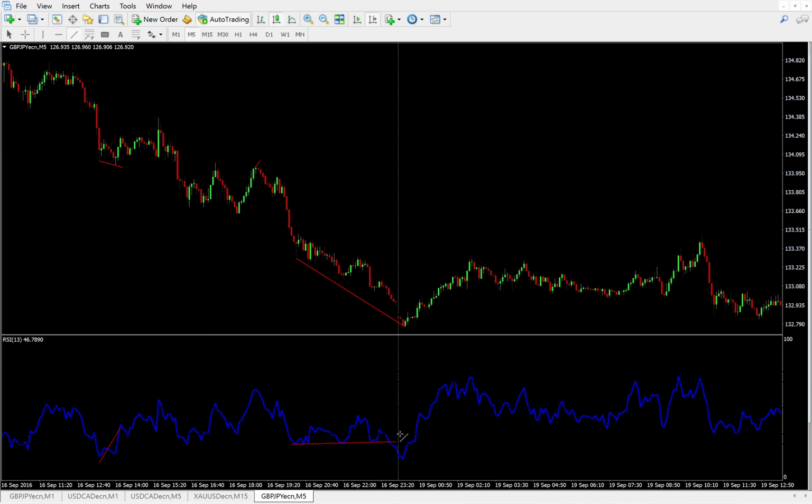And we have divergence all the way until this line is facing downwards. Once it's facing downwards, now it's facing the same direction as price. Now your weakness is no longer there. Okay, so your divergence is invalid.